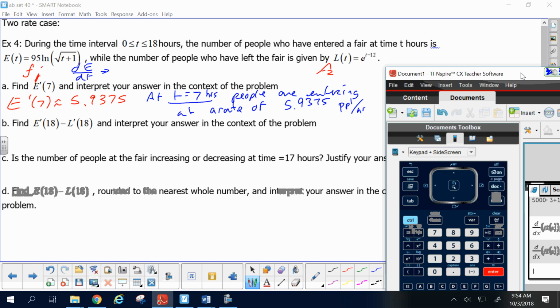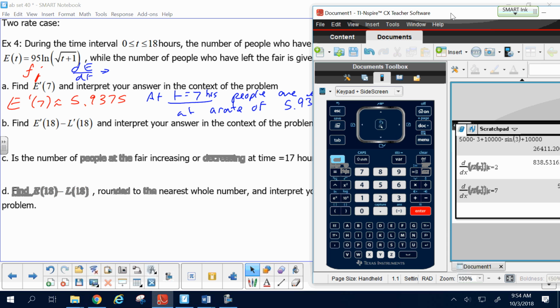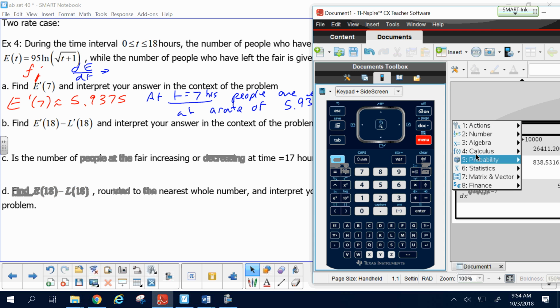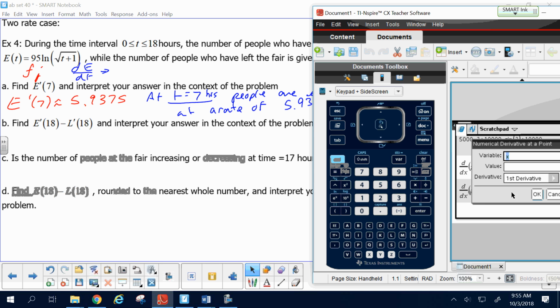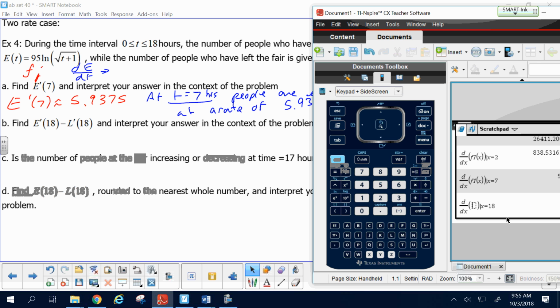Would you find and interpret E prime at 18 minus L prime at 18? That one's a little harder. Calculation and what it means. Okay.